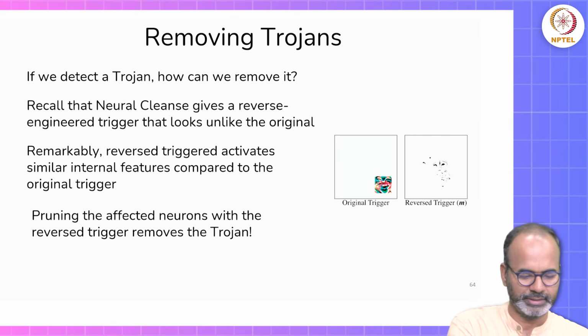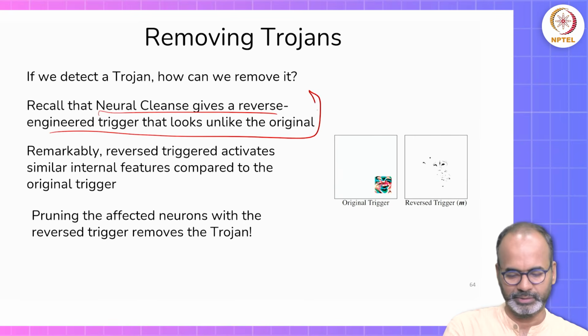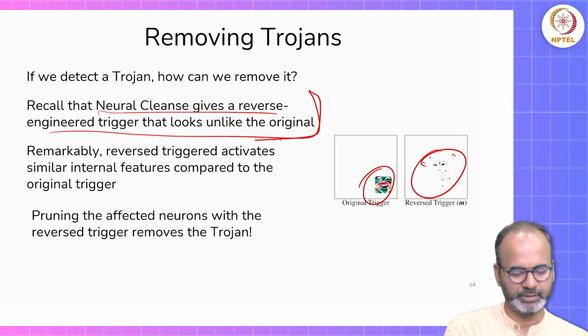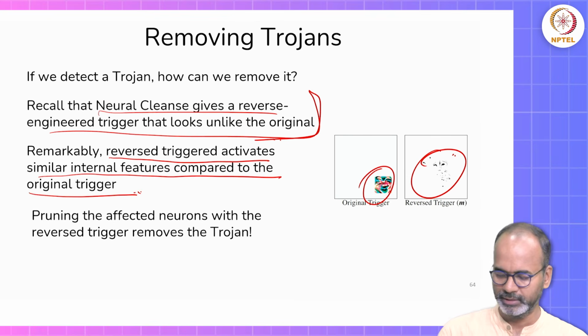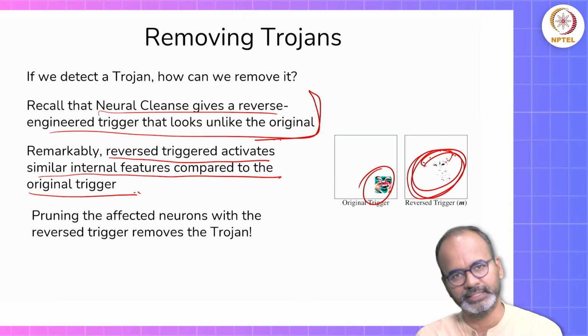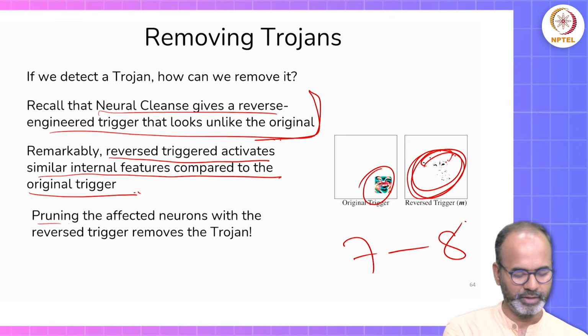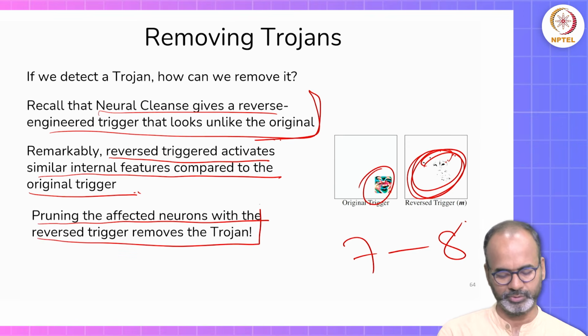Recall that Neural Cleanse gives a reverse engineered trigger that looks unlike the original, right? The reverse trigger activates similar internal features compared to the original trigger. This also, when given, triggers the conversion from 7 to 8. Pruning the affected neurons with the reverse trigger removes the Trojan. Right?